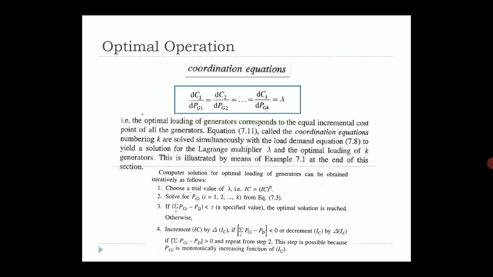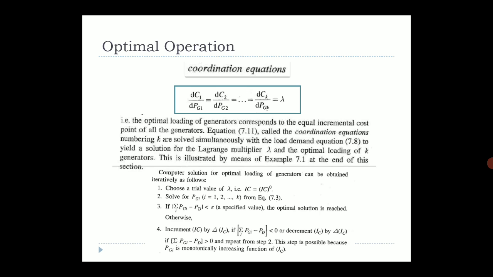Now I'll just give you one brief paragraph from the book. It says that the optimal loading of the generator corresponds to the equal incremental cost point of all generators. That is, this dC by dP should be same for all generators. This is called the coordination equation, and the K equations are solved simultaneously with the load demand equation.